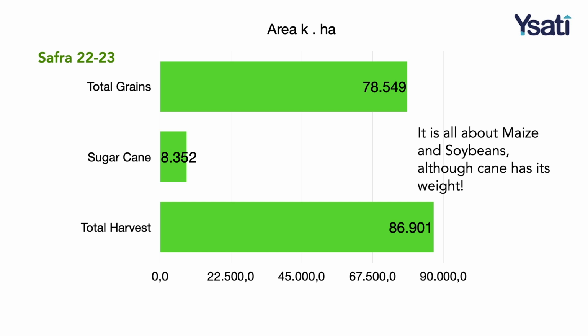So here, going back again to the total area of harvest 22-23, we can see 87 million hectares, of which 8 million were related to sugar cane, which is not a grain, and 78.5 million hectares for all the grains which I mentioned before.